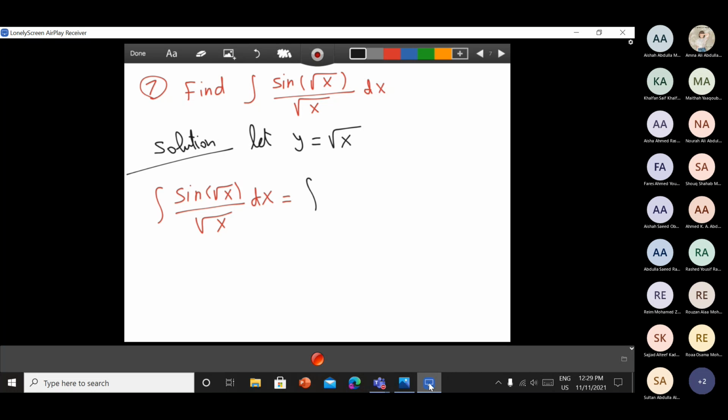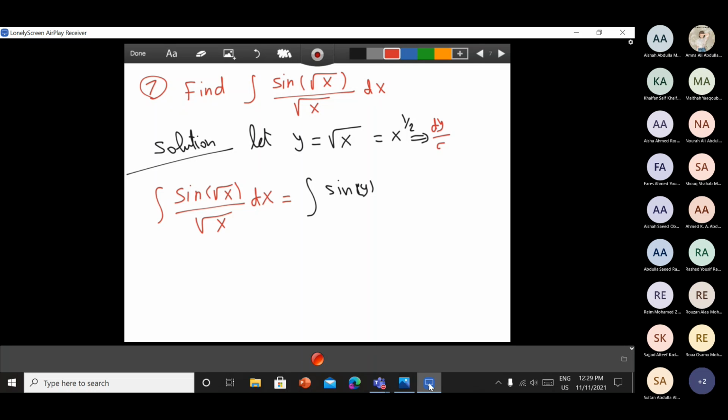Will become the integration of sine y. What about dx? To find dx, I have to differentiate this one. So dy by dx would equal to what? It is better to write root square x as x to the half. So now it is easy to find dy by dx.